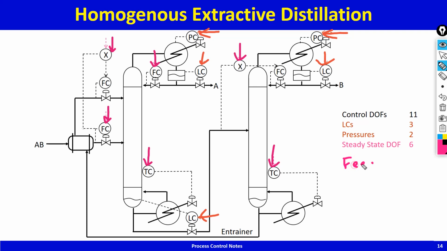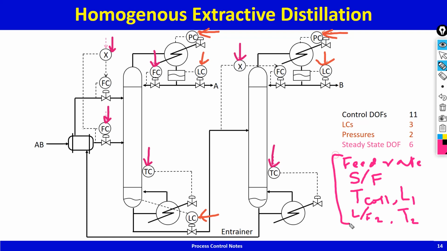Feed flow, feed rate, solvent to feed ratio, temperature of column 1, reflux of column 1, L by F for column 2, temperature of column 2, 1, 2, 3, 4, 5, 6. These are your 6 degrees of freedom. Specifications corresponding to the 6 degrees of freedom that the process has.